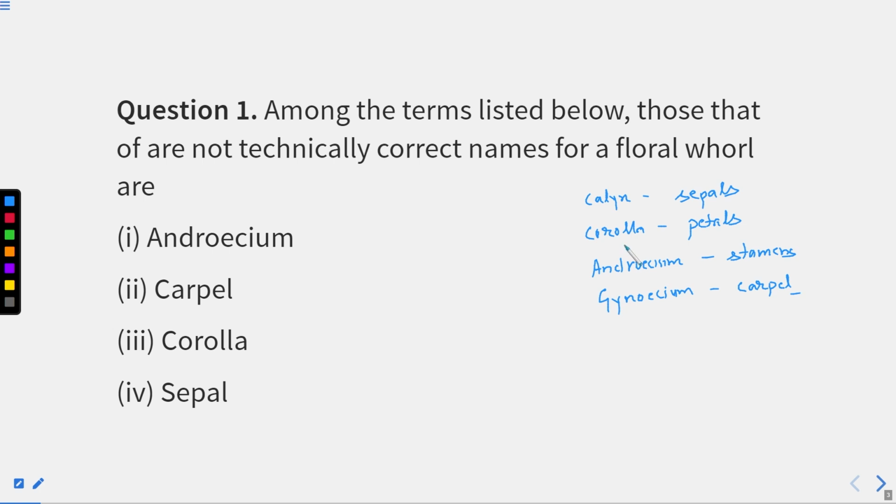Here the options are androecium, which represents the stamen, and carpel, which represents the gynoecium. So we have to write gynoecium instead of carpel if we are talking about the floral whorls. Corolla is again a floral whorl representing the petals, and here it should be calyx, then we will call it a floral whorl.